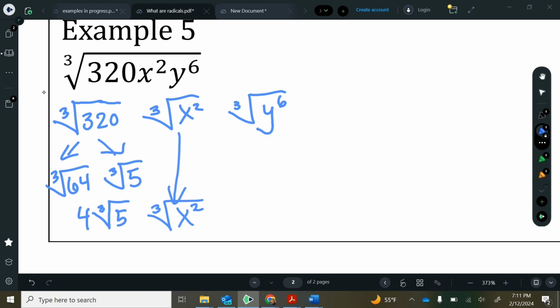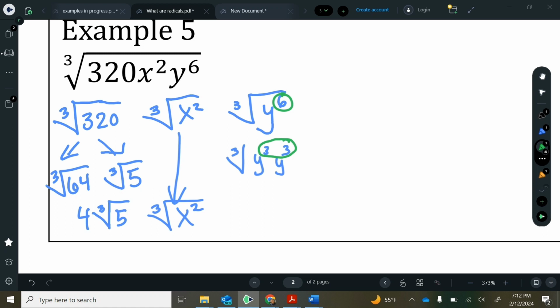And then the last one here is y to the power 6. Now I could split this up, right? This is what I'm going to do here. Cube root of y to the power 6, and I want to write it with exponents of 3. 6 is greater than 3, so I could do this, y to the power 3, and I could do this again. Remember, what I'm doing here is writing this out with as many y's until these exponents add up to 6.